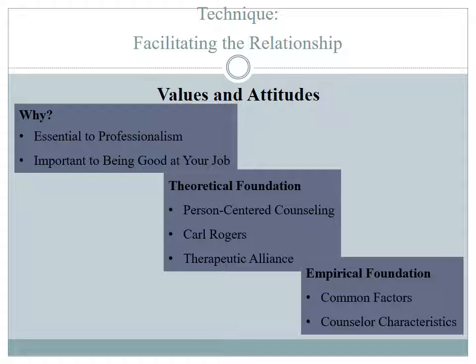A lot of them were first explicitly identified in Carl Rogers' person-centered theory, which we will look at. But maybe more importantly and more broadly, they're characteristics that really run across all successful counseling and psychotherapy theories. Hence, they're called the common factors because they're common to all theoretical approaches.